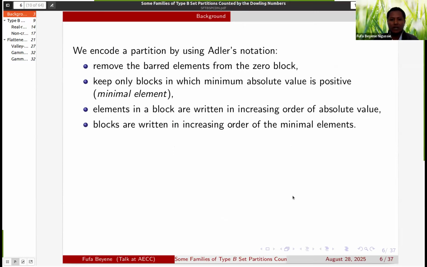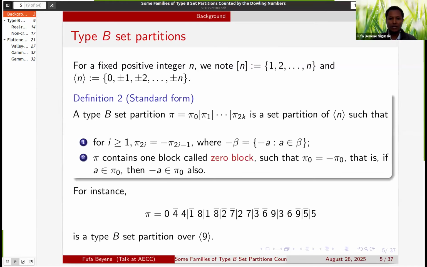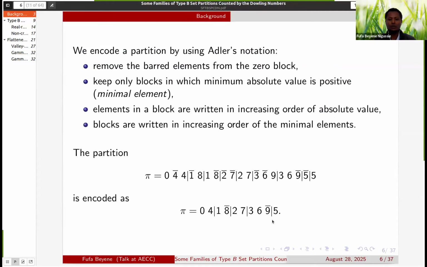From the given type B set partition, we remove the barred elements from the 0 block and keep only blocks in which the minimum absolute value is positive. We call this element the minimal element. Elements in a block are written in increasing order of absolute values, and blocks are written in increasing order of the minimal elements. So the above partition can be reduced into this one.